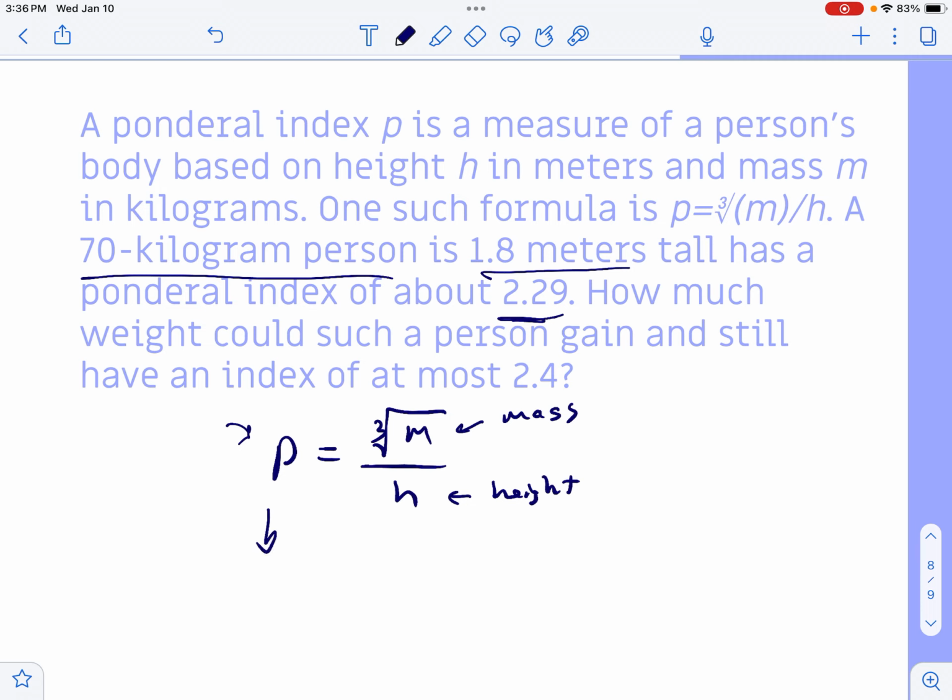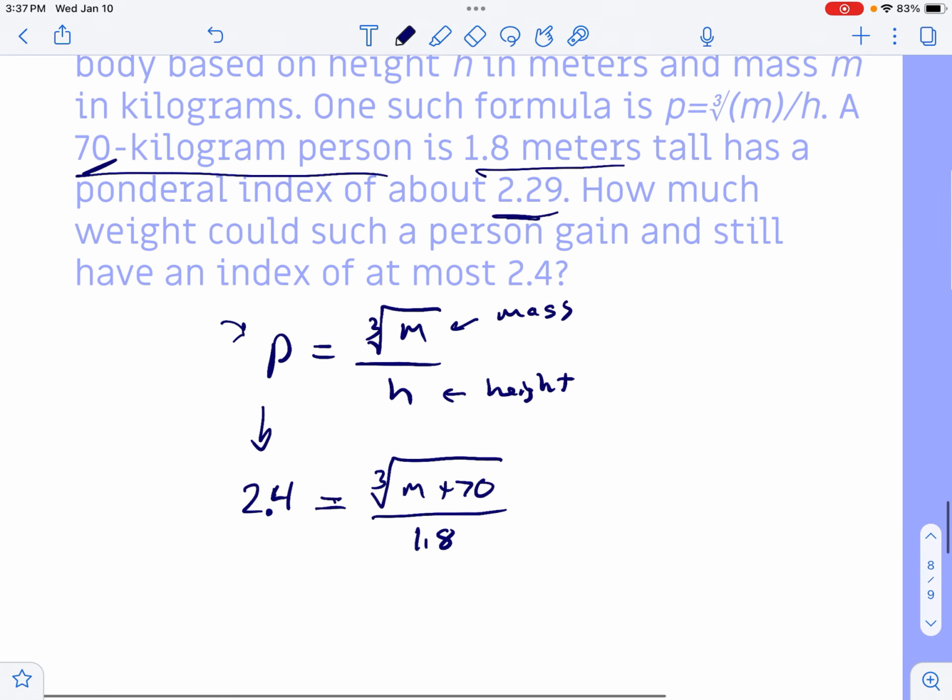Okay, so the P is going to be 2.4. The mass, well, we're going to add something to 70, so I'll say M plus 70 because he or she is already at 70. And the height, well, that's not going to change, that's 1.8. So now we got to solve this. I'm going to cube both sides, but I got to get this cube root by itself first.